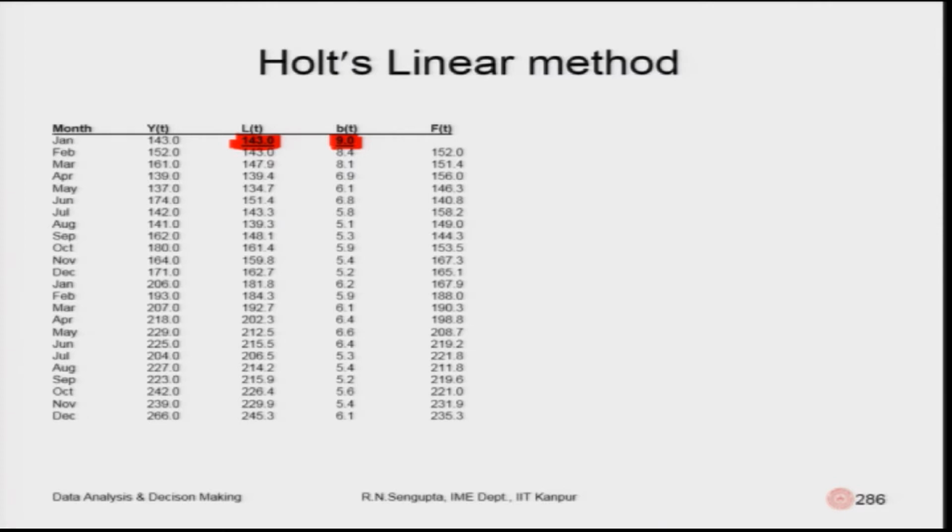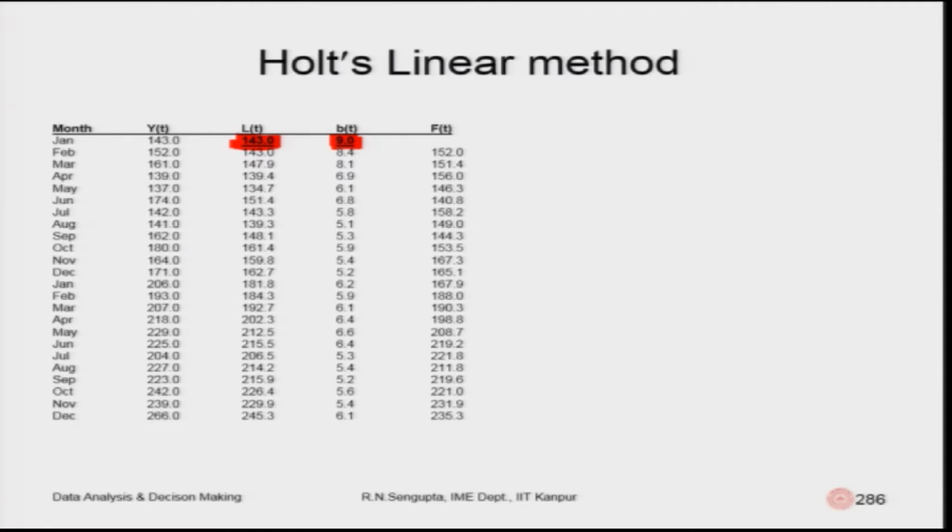So, as we proceed, the LT values are 153 till 245, and the B values change because they are dependent on time, they become 8.4, 8.1, 8.9. The detailed calculation which I have shown in another table for another example would exactly be replicated here also, there is no change.